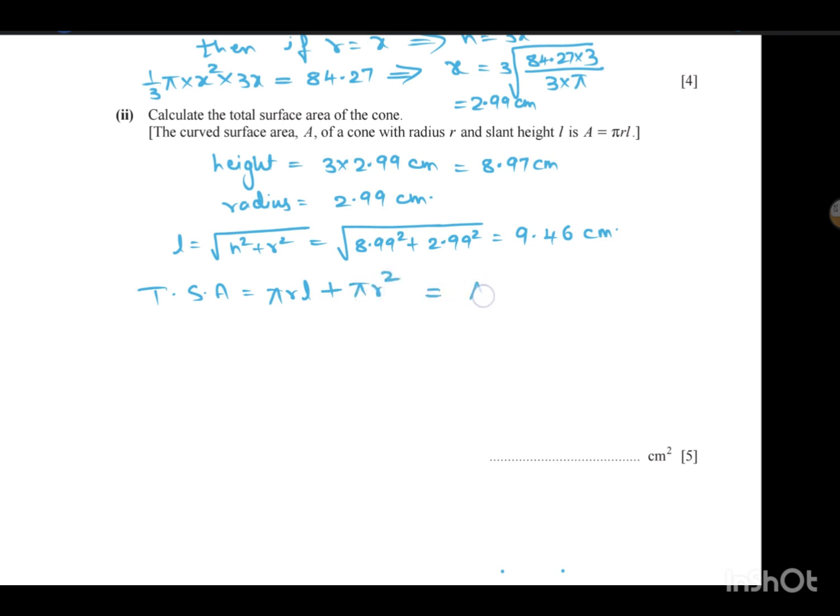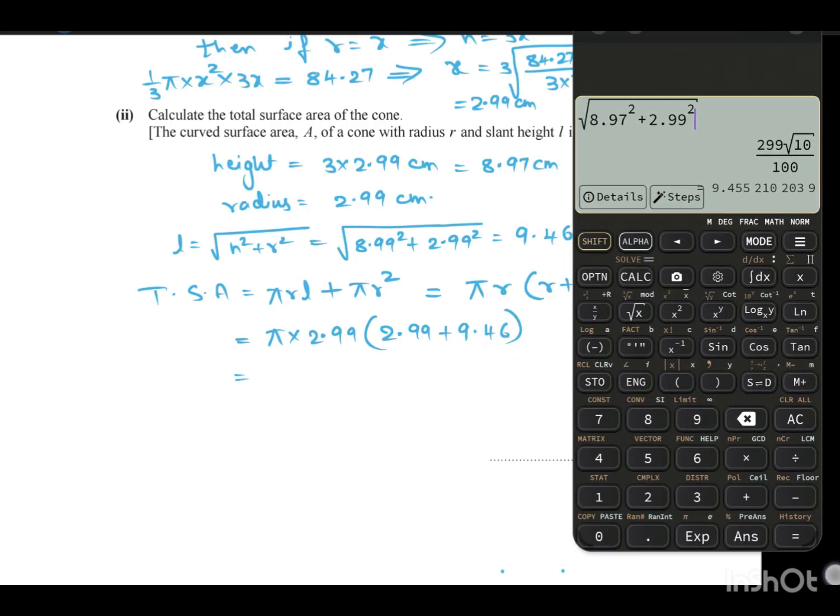So when you add it, you get pi r into, take pi r common, so you will get r plus L in the bracket. So that is pi into 2.99 into 2.99 plus 9.46. Find out.